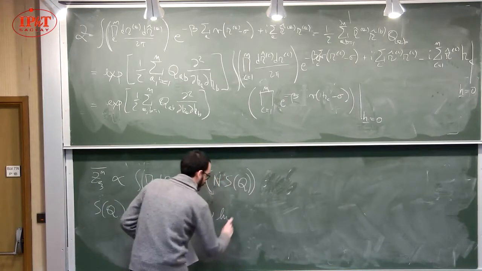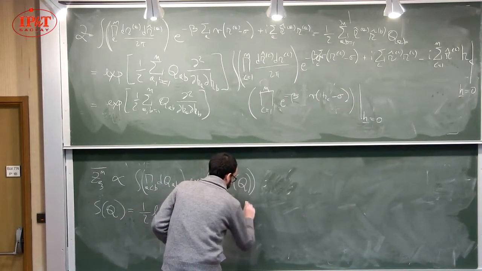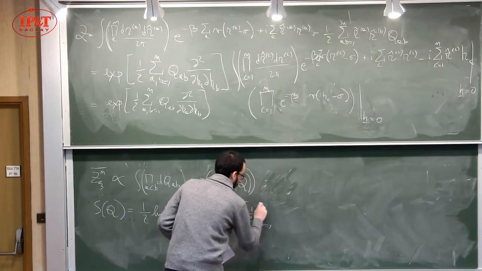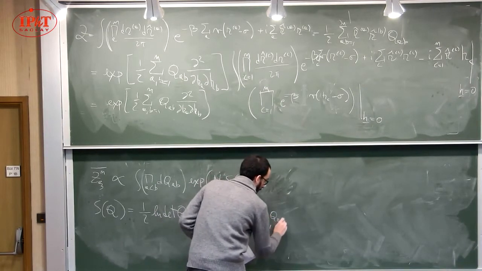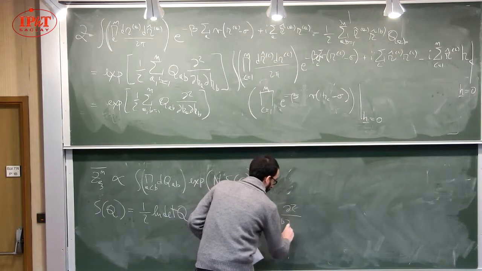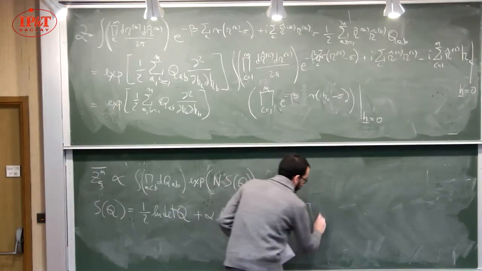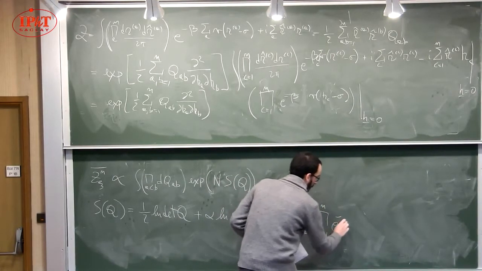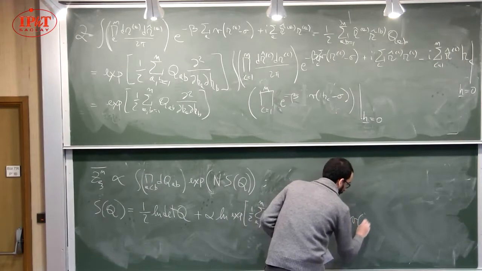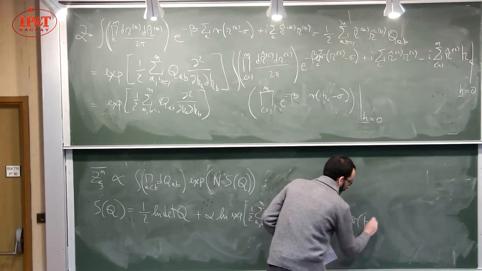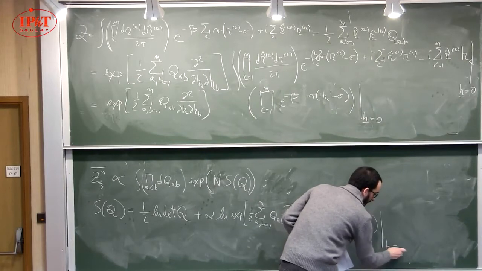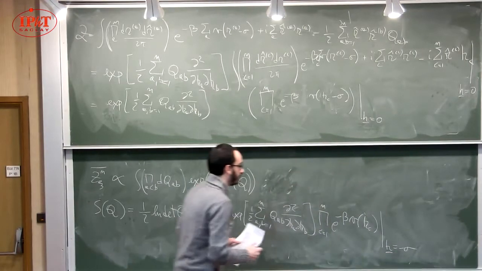So this is just the x, and then here I compute everything in minus sigma, right?